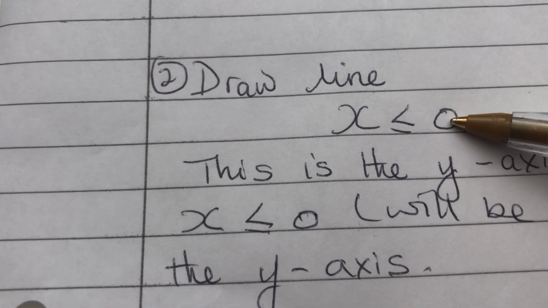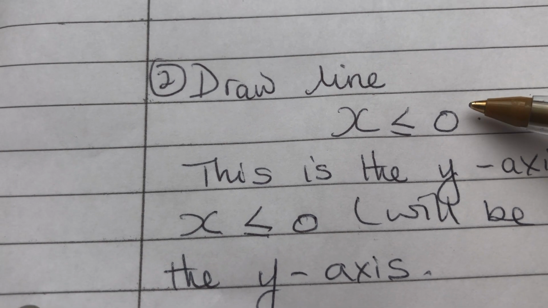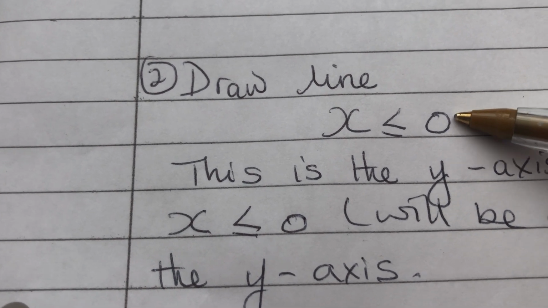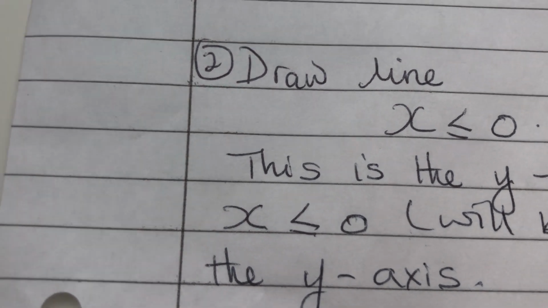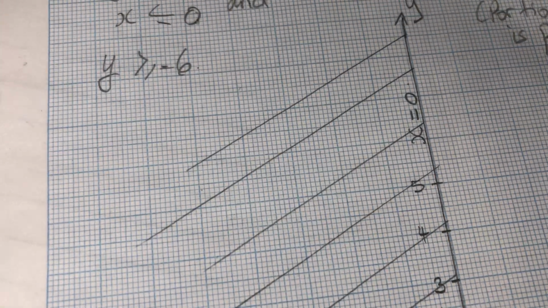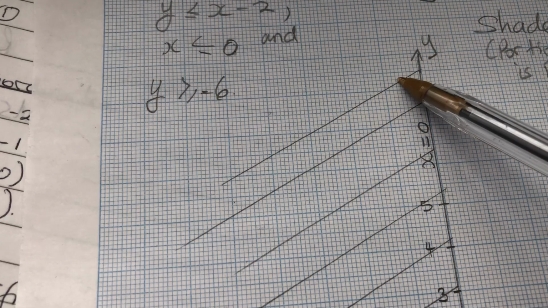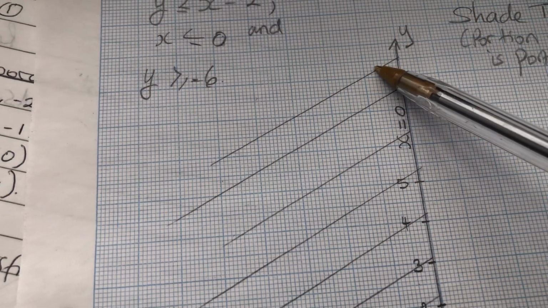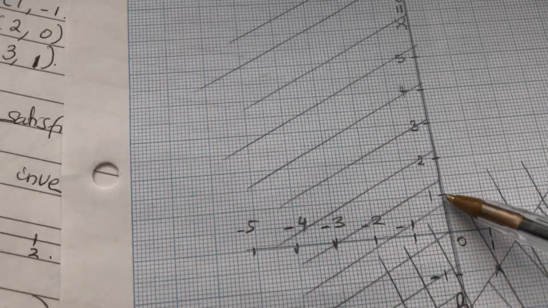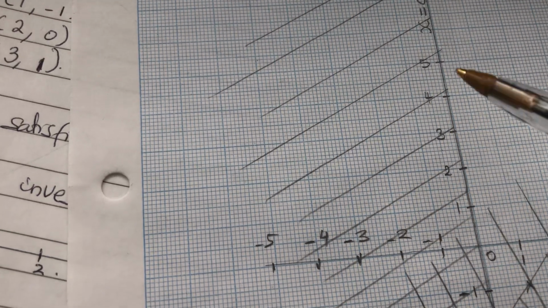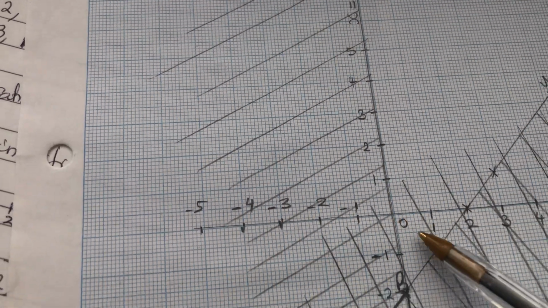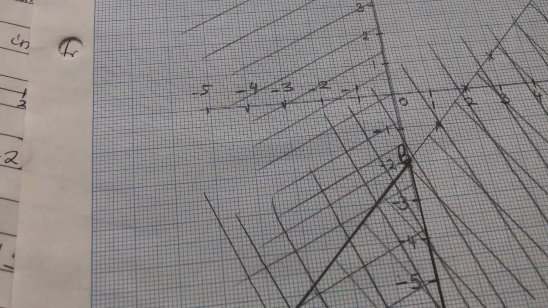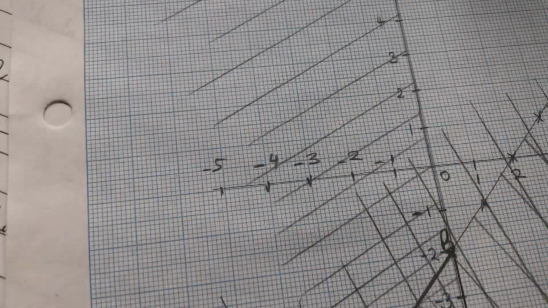Now the line x equals 0 is the y-axis, and we know that x less than or equal to 0 will be towards my left. Okay, we did that. That one is easy. Because if this is 0, everything below 0 from minus 1 will be, so this is the portion I need, that portion here.